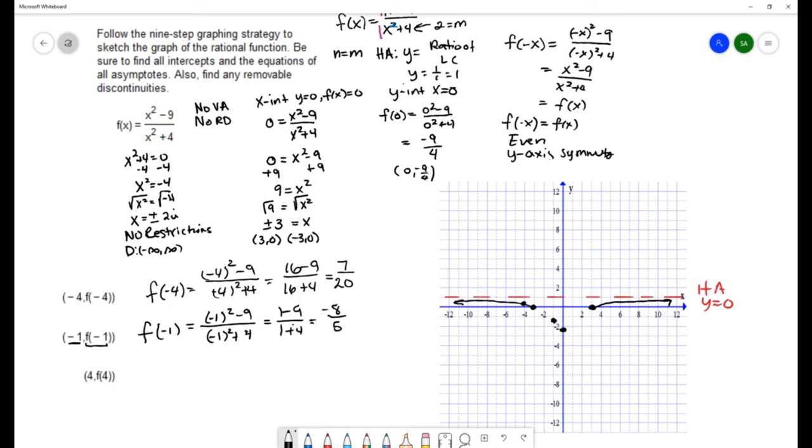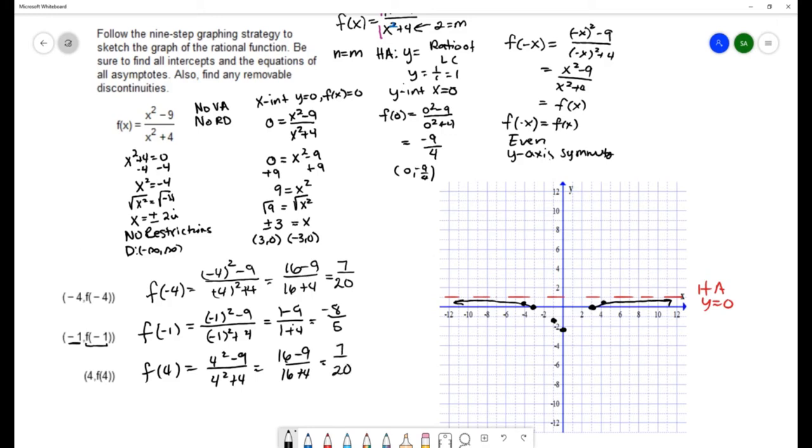And then the last one, f of 4, is 4 squared minus 9 over 4 squared plus 4. That's 16 minus 9 over 16 plus 4, which is 7 over 20. So we've got that over here.